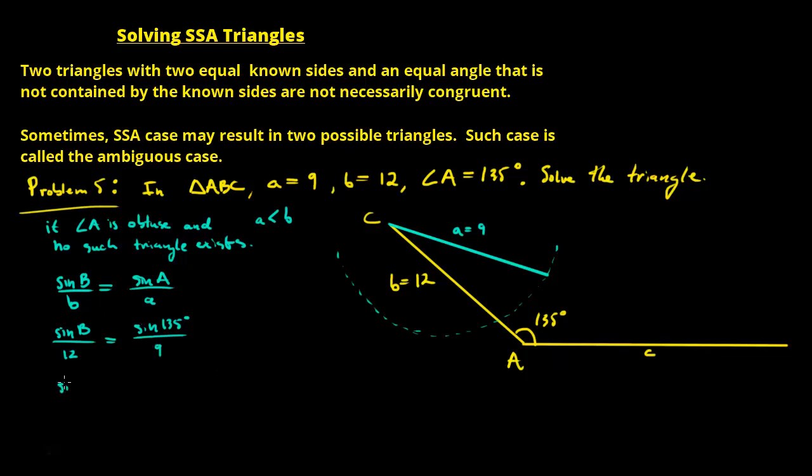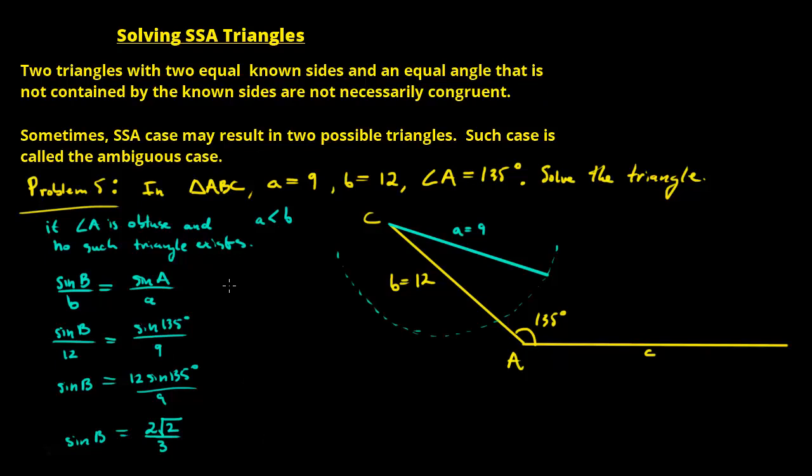And so sine B is equal to 12 sine 135 degrees divided by 9. And so sine of B, well, 12 over 9 simplifies to 4/3. And sine of 135 is root 2 over 2. So this would simplify to 2 root 2 over 3.